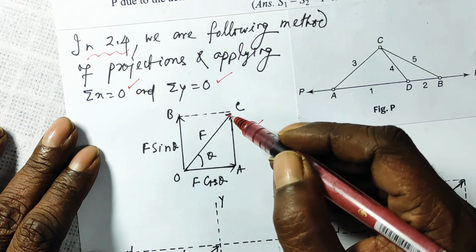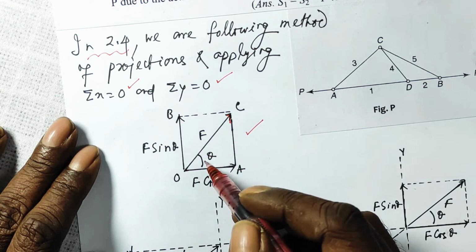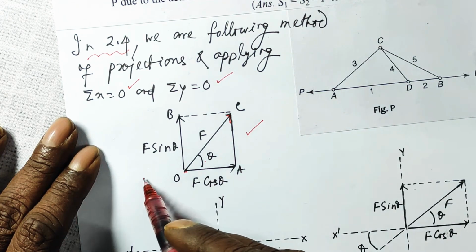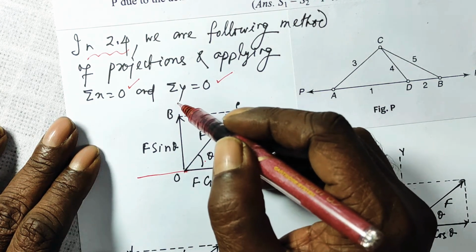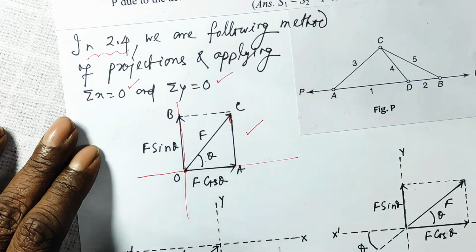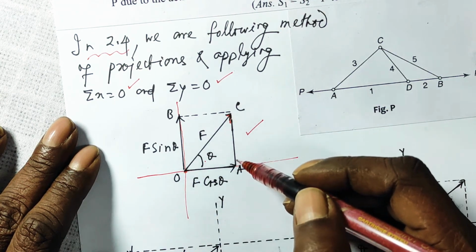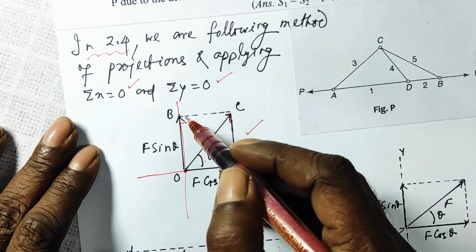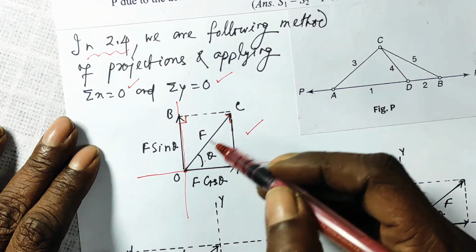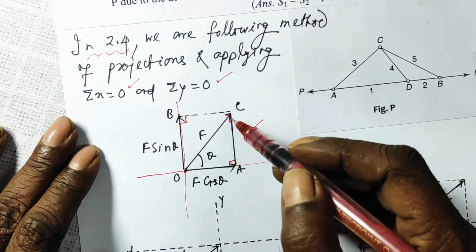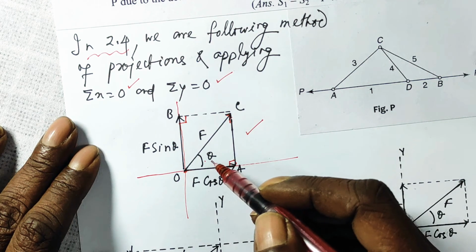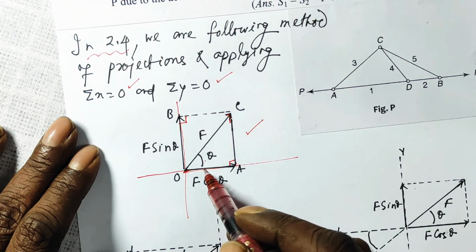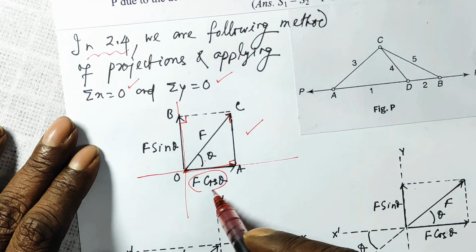Suppose from O to C represents a force F making angle theta with the horizontal. So this is your x-axis and this is your y-axis. This is the origin. From the tip of the vector, if you drop a perpendicular on the x-axis, this becomes 90. If you drop a perpendicular on the y-axis, this becomes 90. In triangle OAC, right angled at A, cosine of theta is base over hypotenuse, and if you cross multiply, OA is F cos theta.